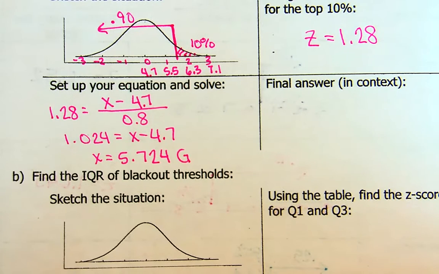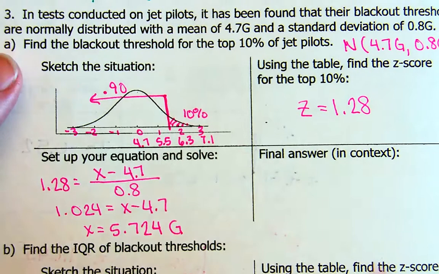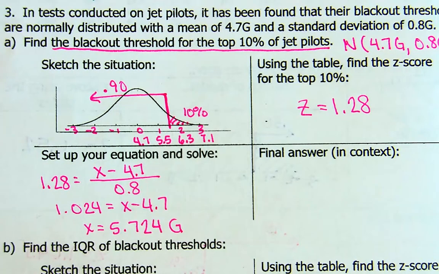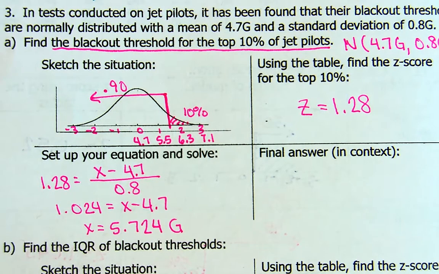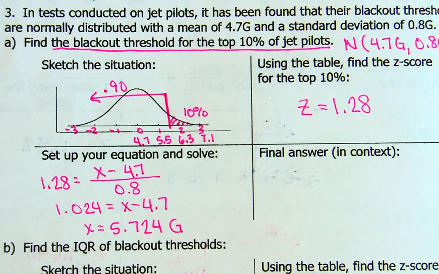So the value is going to be 5.724 G. So to write in context, we're just going to pick up this part of the question, and then we'll just put is, and then give our answer. So how can you guys do anything? We did. I multiply by that over here to get this.